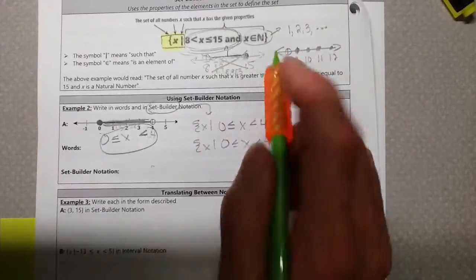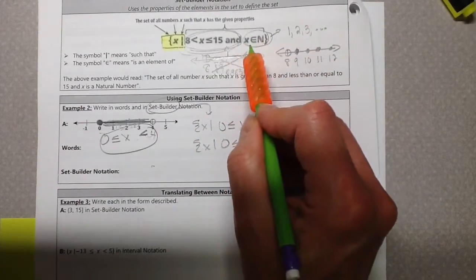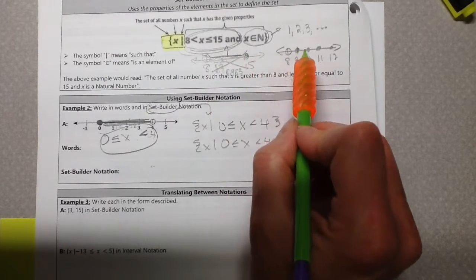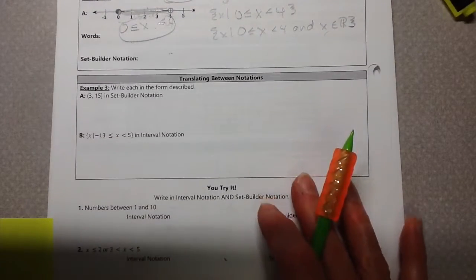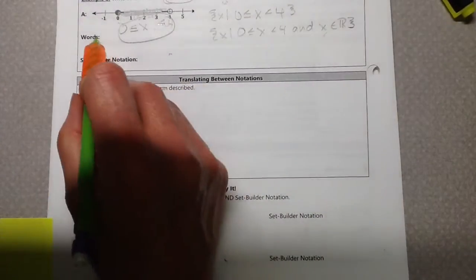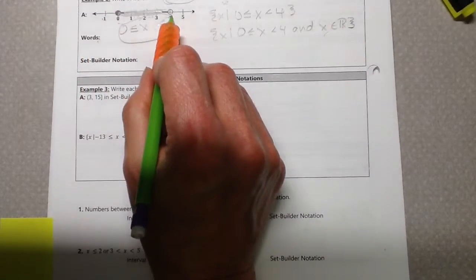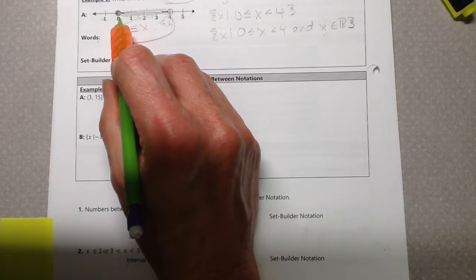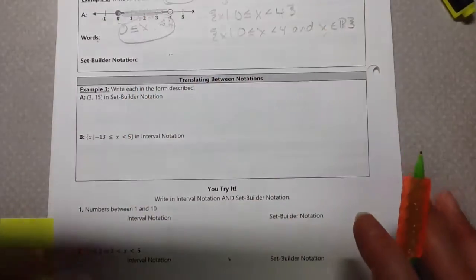But again, this one up here, by putting this on, it takes out all the numbers on the number line and makes it just these individual numbers here. Okay. So I skipped over the part in words here. This is actually if we would want all the numbers that are less than 4 and greater than or equal to 0, or say it the other way around, all the numbers that are greater than or equal to 0 and less than 4.